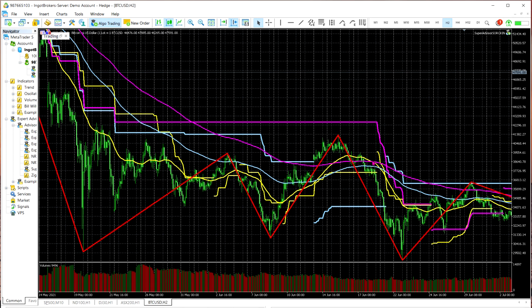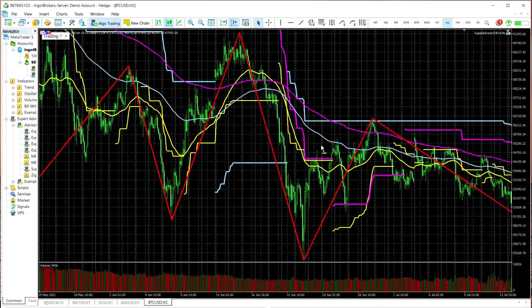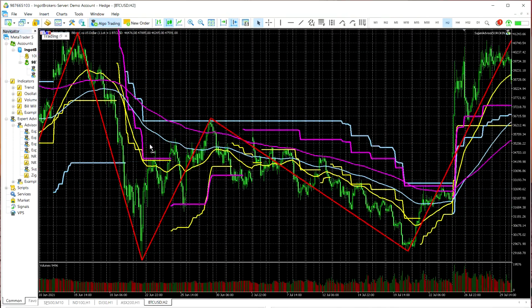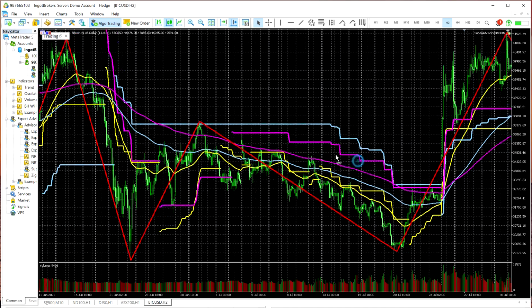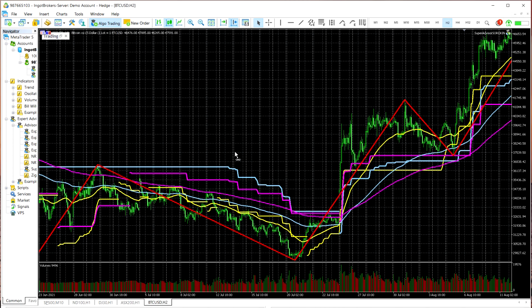It gave you this false signal that the trend was going up, but our system didn't say that the trend changed. Then we have a mix between the indicators, some of them above and some below the price. It's not really trading time, but here there is a trading time.